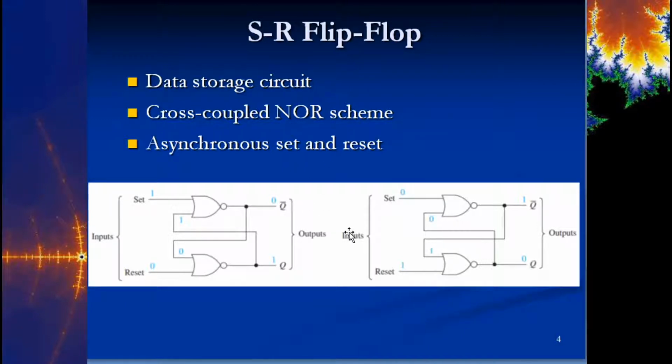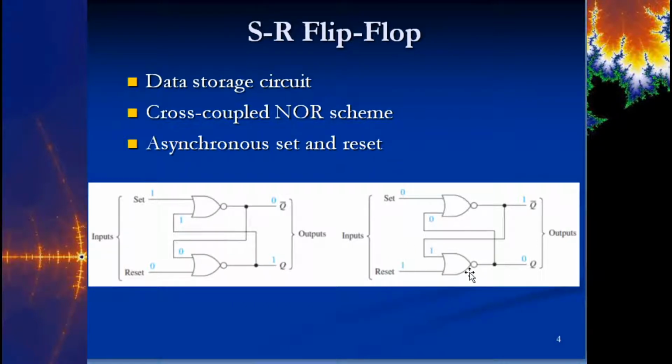There's also a cross-coupled NAND scheme, which we'll talk about as well. I would jot down both of these. If you were going to create a crib sheet for the final, I would have both of these written down and possibly recreate them for me. So if I ask for the cross-coupled NOR, if I ask for the cross-coupled NAND, this is what I'm talking about. So you can see over here now the opposite is true. The set is at 0 and the reset is high.